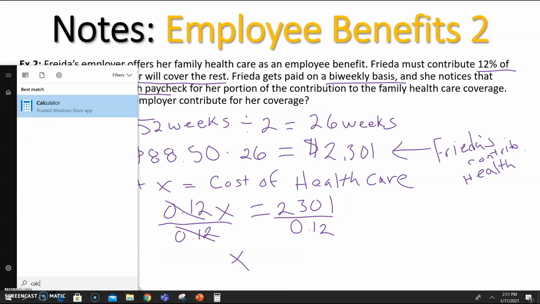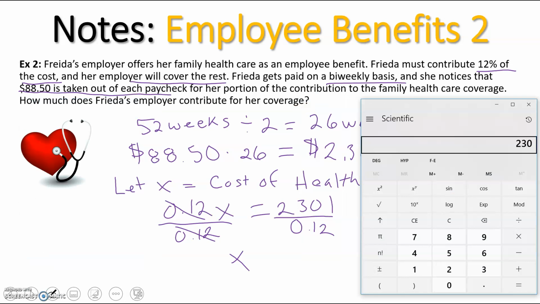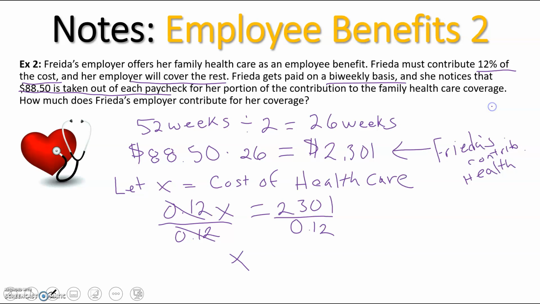We'll use our calculator again, and we get 2,301 divided by 0.12 or 19,175. All right, so the entire plan costs $19,175. Now this is the cost of the healthcare. Now, the question we're trying to answer is how much does her employer pay?